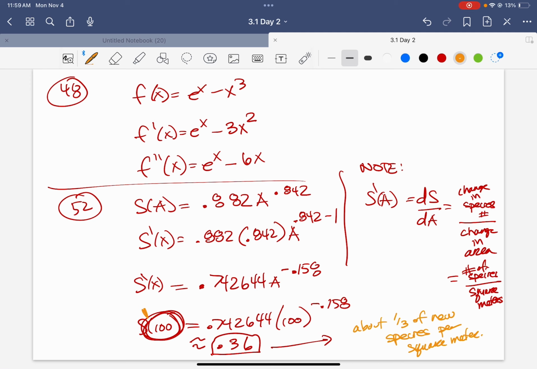So in other words, we're getting a new species about every 3 square meters at the instant when we have 100 species.